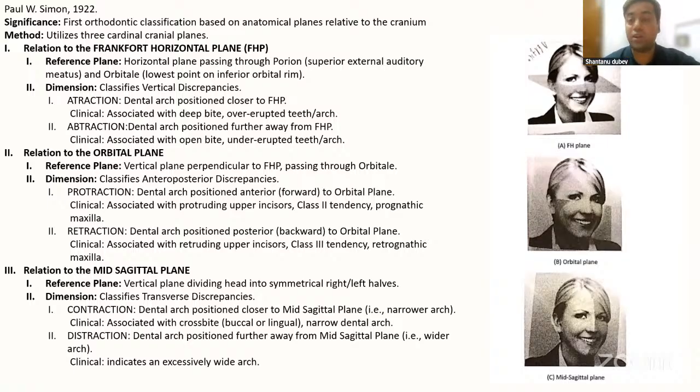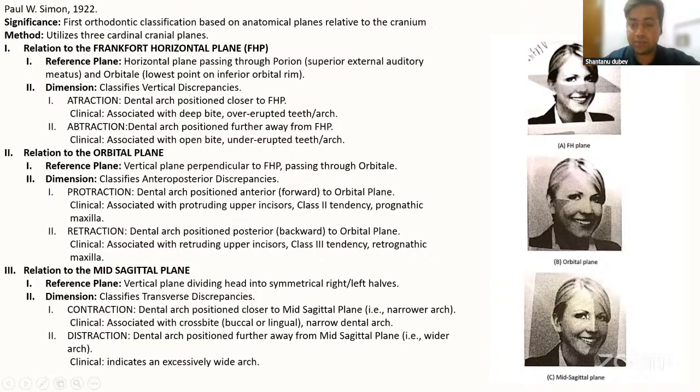Or if you are not aware of this terminology, I'm sure you are aware that whenever the teeth are in a forward direction, we call that proclined. So when the teeth are proclined, they are away from the orbital plane, and we call this protraction. When we take these teeth back, this is called retraction.